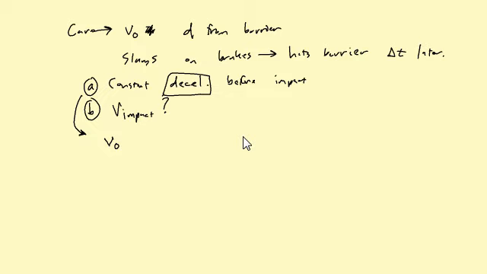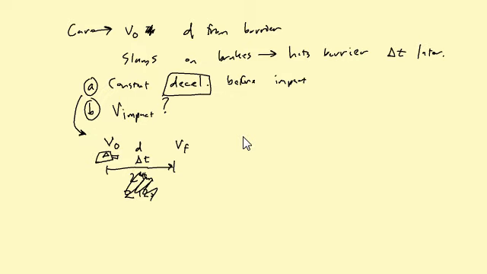But anyway, the car has an initial speed v naught. So the car starts here. This is our little crappy car, and it goes 24 meters in 2.12 seconds. Well, sorry, it goes a distance d in a time delta t, and then hits the barrier with some final velocity.